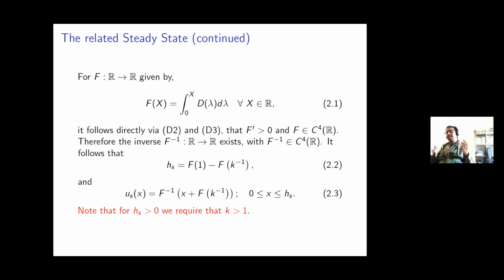Now, there's a key point here that's probably one of the main points in the talk. Our height hs of our wax layer needs to be positive, because that corresponds to our h evolving into the pipe. That can only take place if k here is bigger than 1. If k is less than 1, then that would correspond to hs being negative, and that would correspond to the height of the wax layer existing outside of the interior of the pipe, within the pipe wall or the coolant jacket, which is physically not what we're interested in.